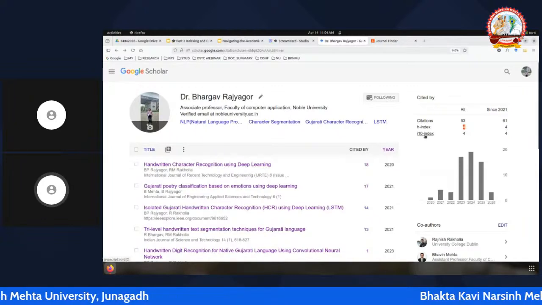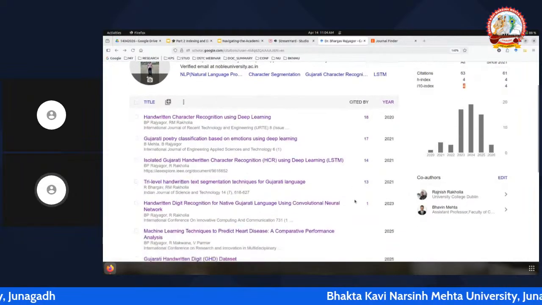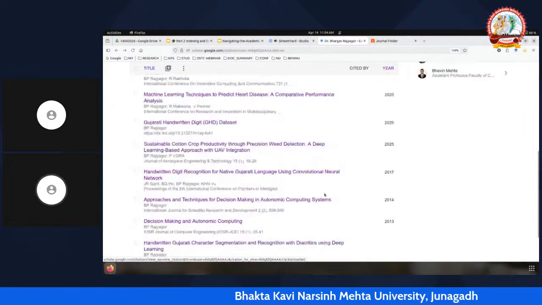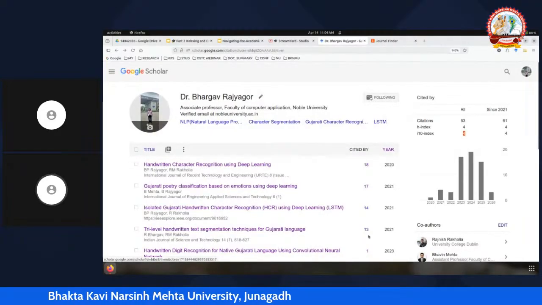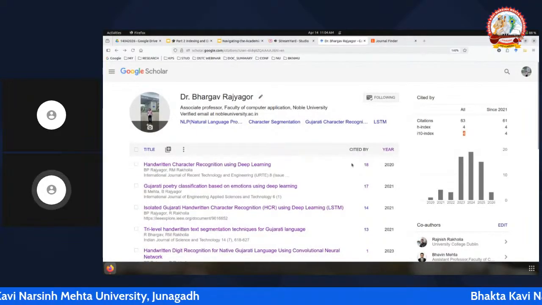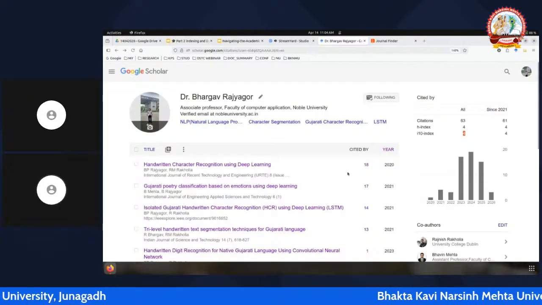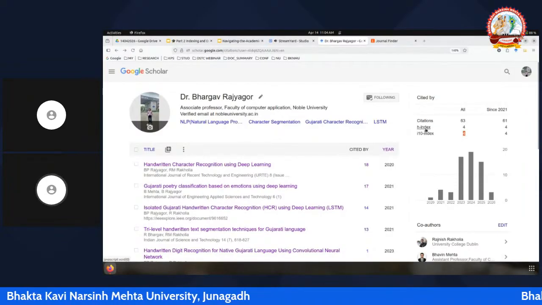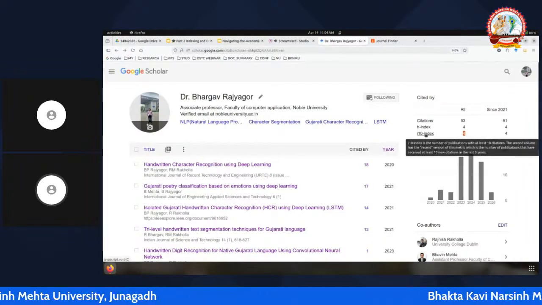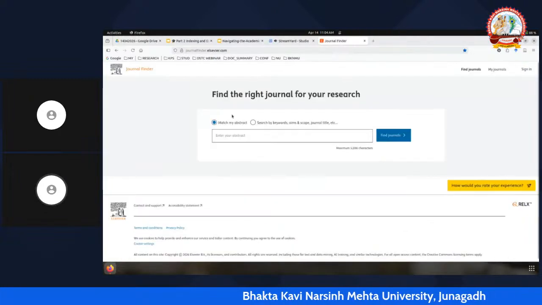And I10 index, that is 4. Recently, I have published these many publications. Among these, just 1, 2, 3, and 4, top 4 papers received 10 or more citations, so that is 4. So I have made clear what the citations are, what is H index, and what is I10 index related to Google Scholar.